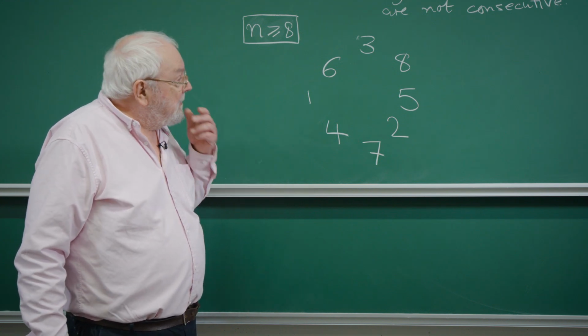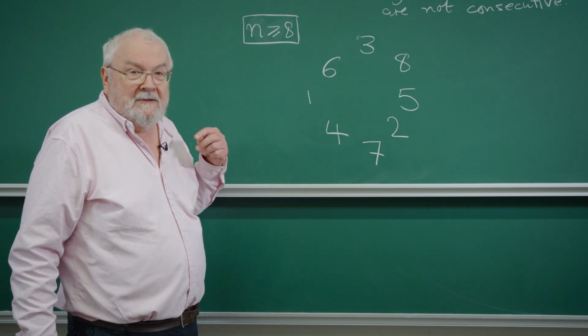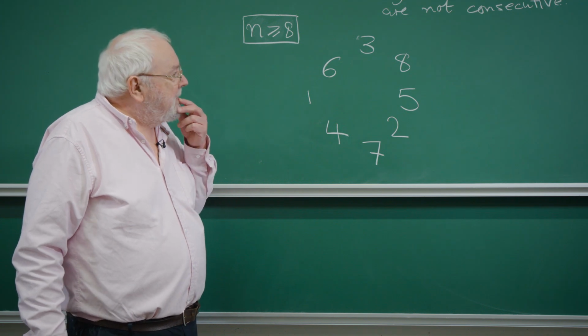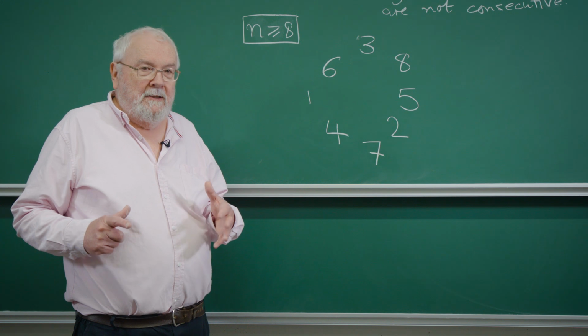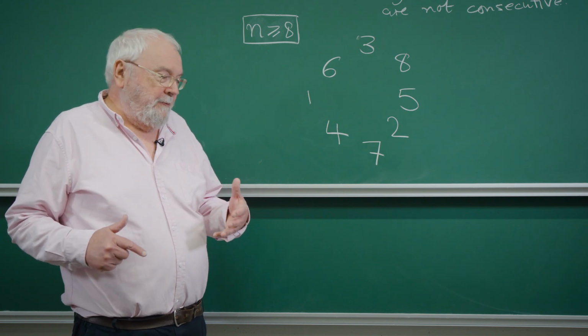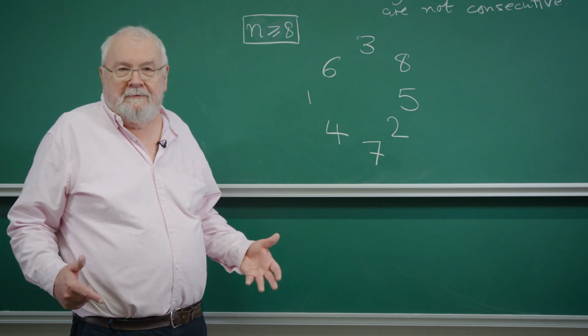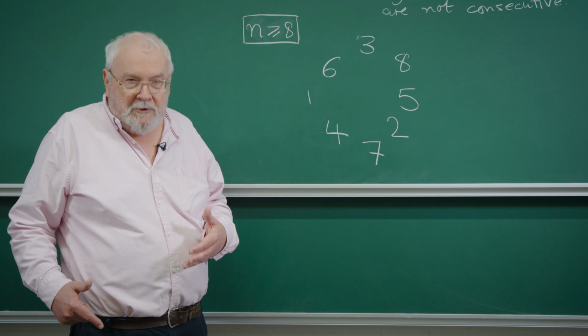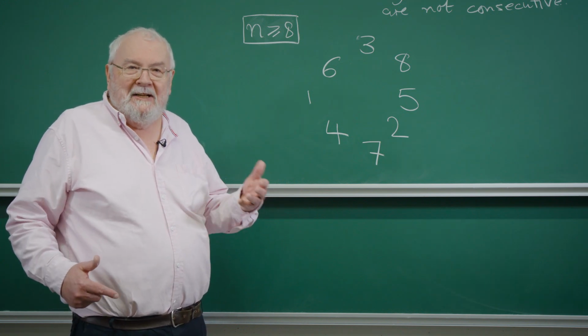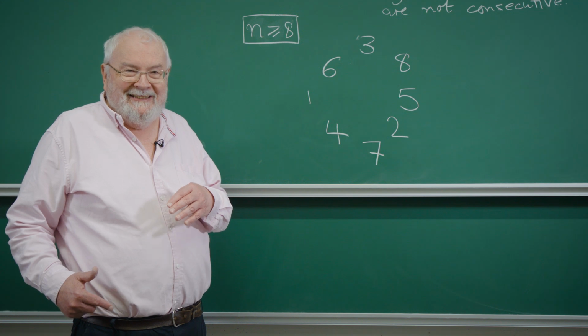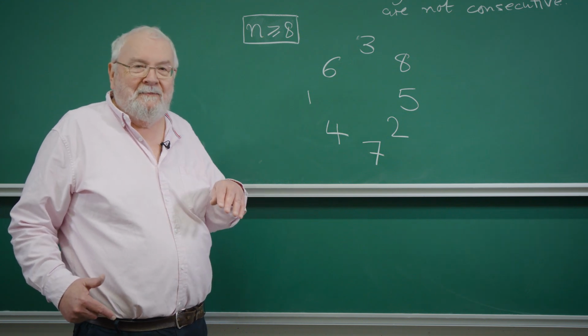So much structure that you can actually see it in other ways. So think about clock arithmetic. So if you're 3 hours after 11 o'clock, you're at 2 o'clock. So working in clock arithmetic, 11 plus 3 is 2. You wrap around.